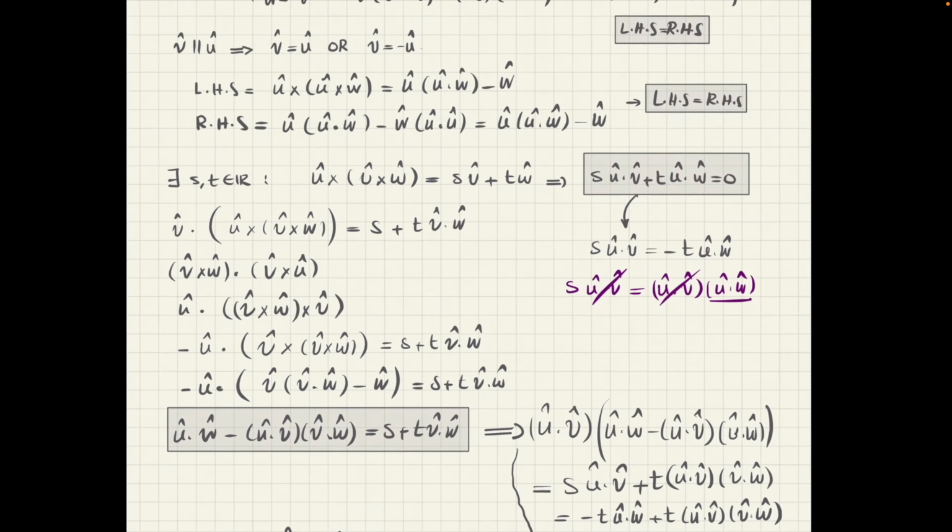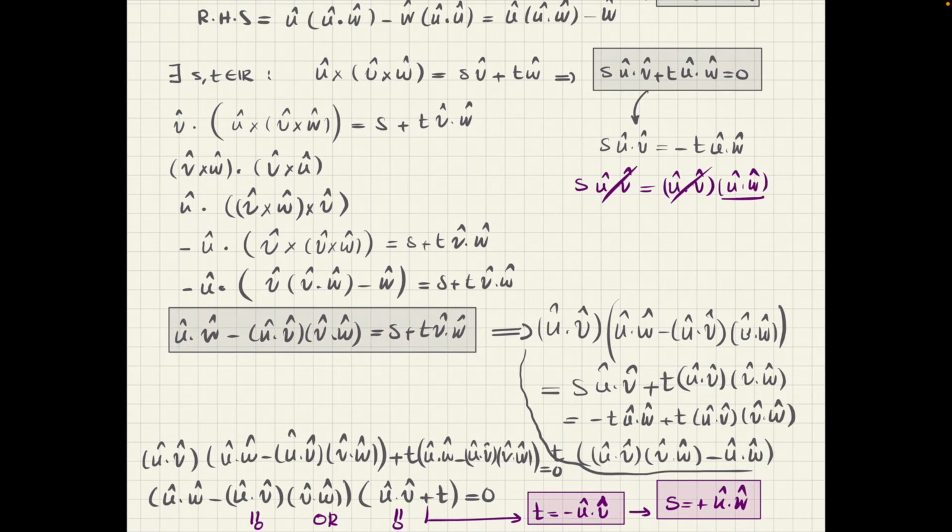So you see, I have two possibilities. If this happens, the BAC-CAB rule in this case is proved. I need to consider what will happen if I have this scenario. So let me take this one with me to the next page.